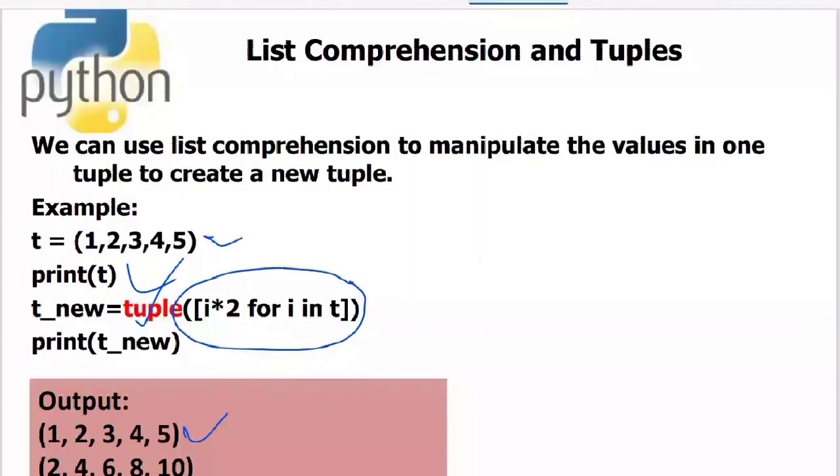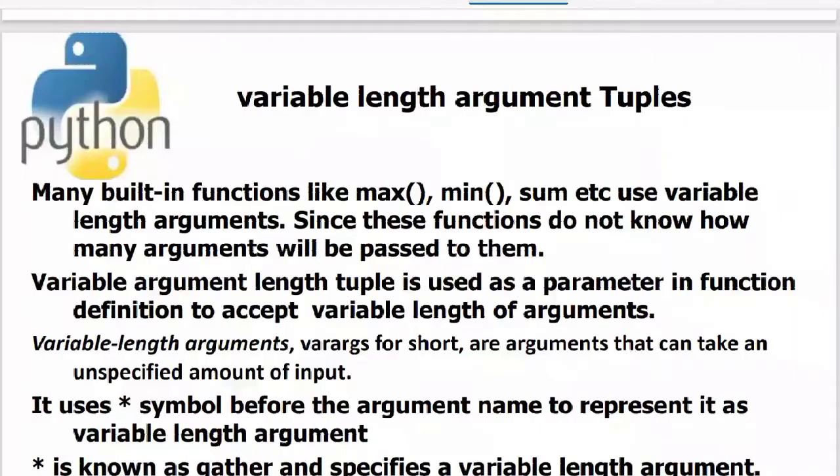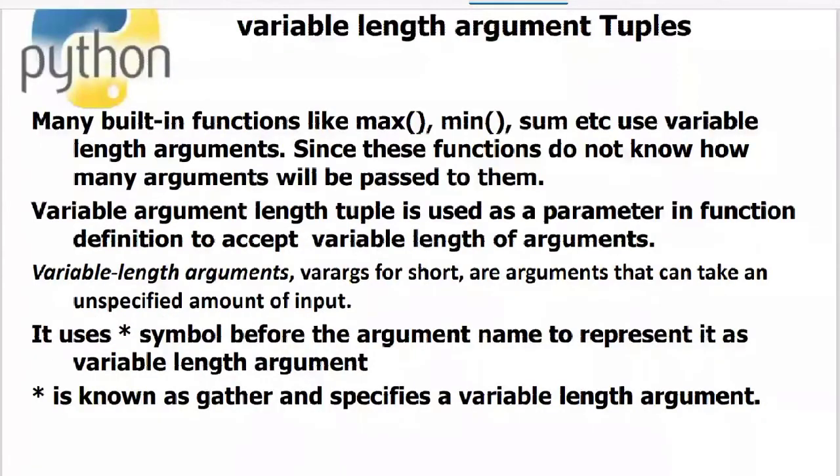There is a concept called variable length argument tuples. Just look over here. What is the meaning of this? There are many built-in functions like max, min, sum, etc. that use variable length arguments.